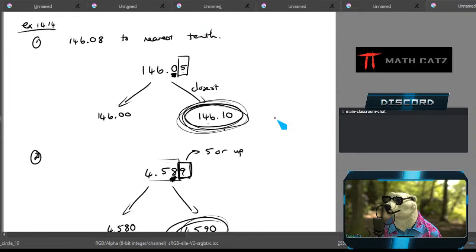And then the question is, I want to pick the rounded option that is the best representation of my actual number. I need to pick the closest one. And I base that on the digit that is after the one I'm rounding to.